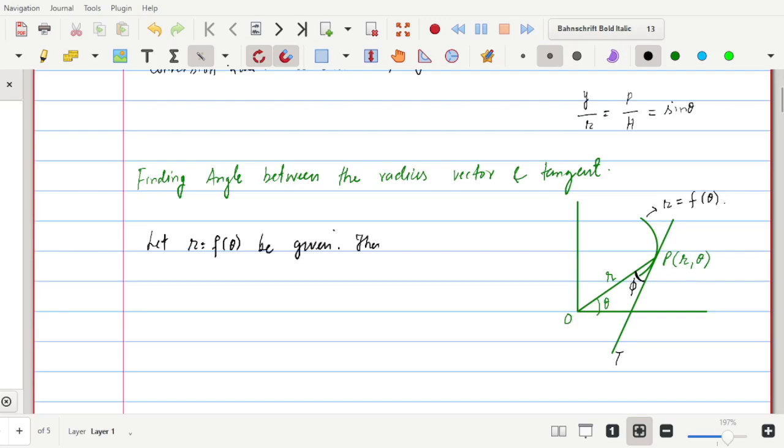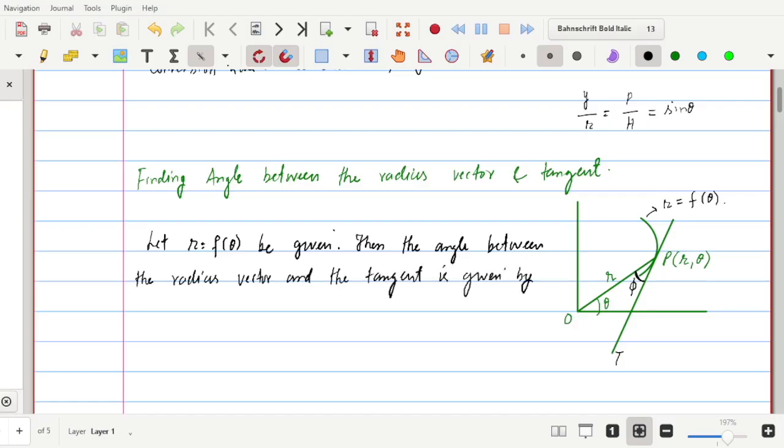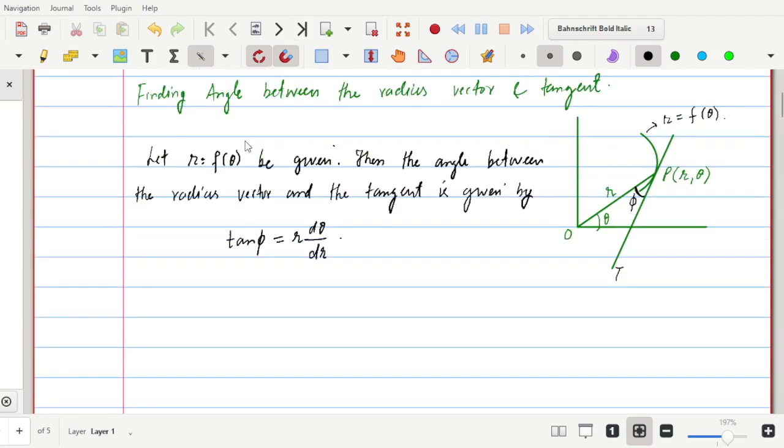Then the angle between the radius vector and the tangent, which we denote by phi, is given by tan phi is equal to r d theta by dr. So this is the formula for evaluating the angle between the radius vector and the tangent vector of the curve r is equal to f of theta.